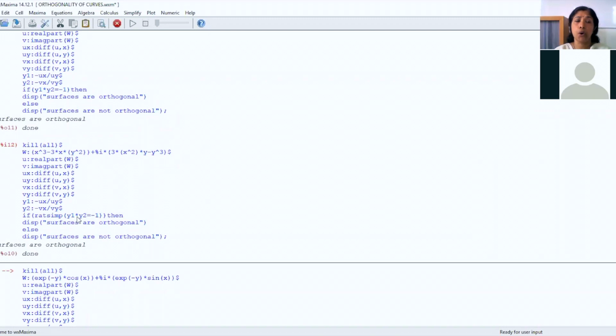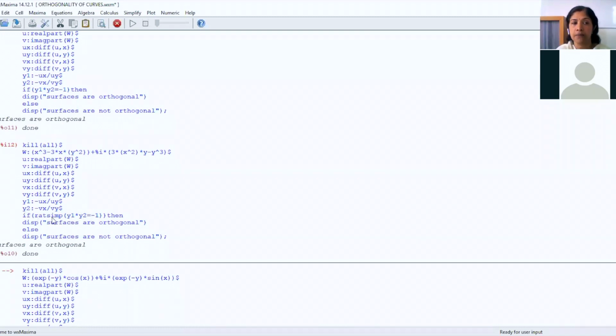Now there is one small difference. When you go for the above program, here you will not get the output because the simplification is not carried out properly. So I have introduced ratsimp, before y1 star y2, because I want Maxima to simplify it further.